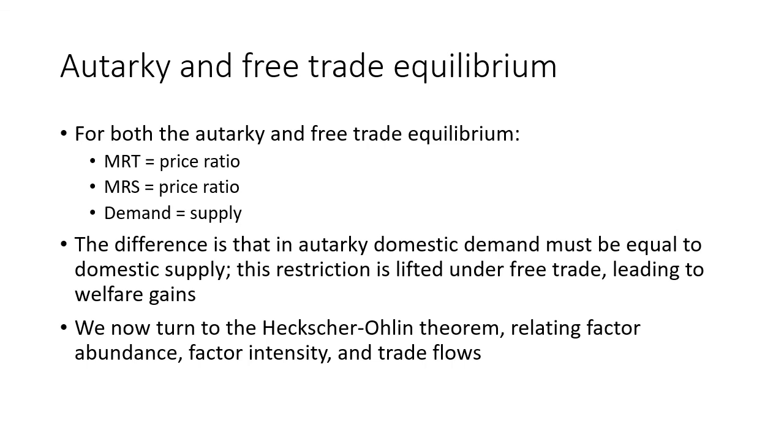So we could actually consume differently from our production under free trade, and in the end, it led to more utility, which in essence is more welfare gains. Now we're going to use that analysis to move forward and look at the HO model, or the HO theorem. We're going to relate trade flows, factor abundance, and factor intensity to each other.